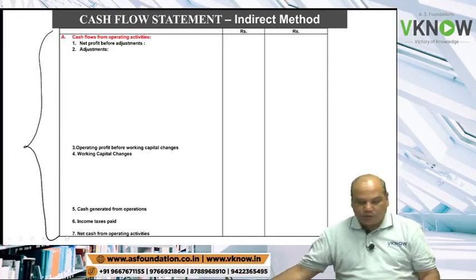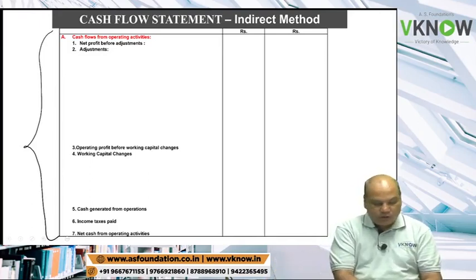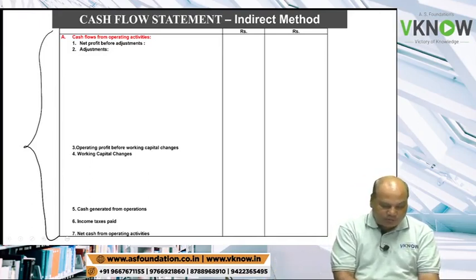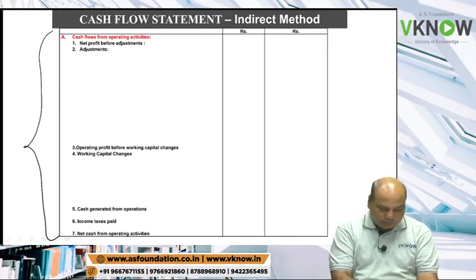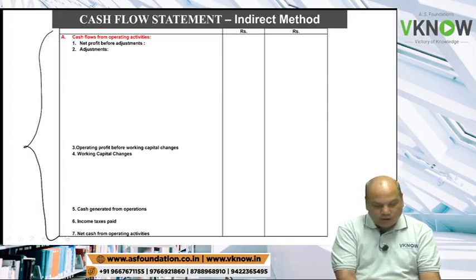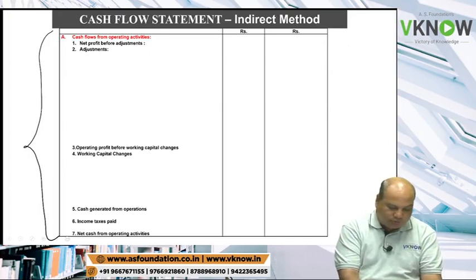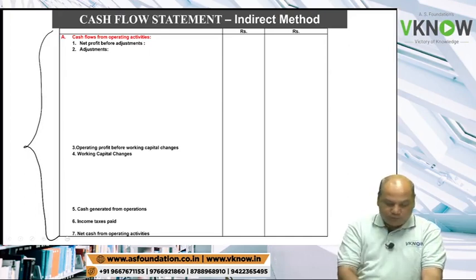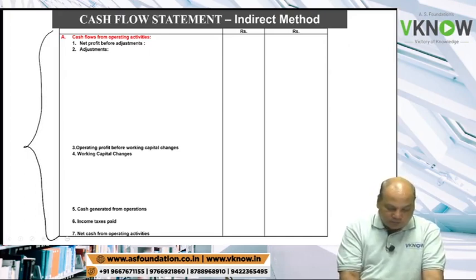First write down the name of the company, Astha Limited, cash flow statement, for the year ended 31st March 2014.